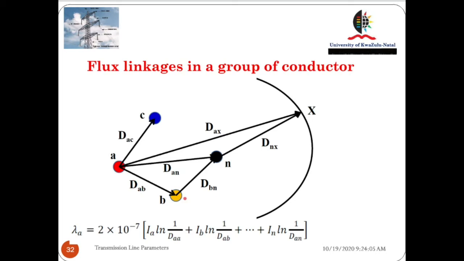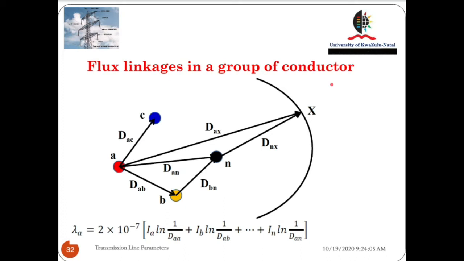Then the next conductor is IC, with 1 over DAC, and all the way the last conductor is the nth conductor, carrying a current of IN, and the distance between them will be AN. So all the conductors need to be considered when we have a number of conductors in a group.